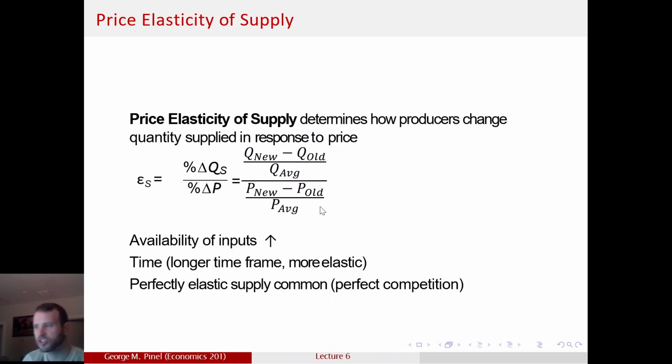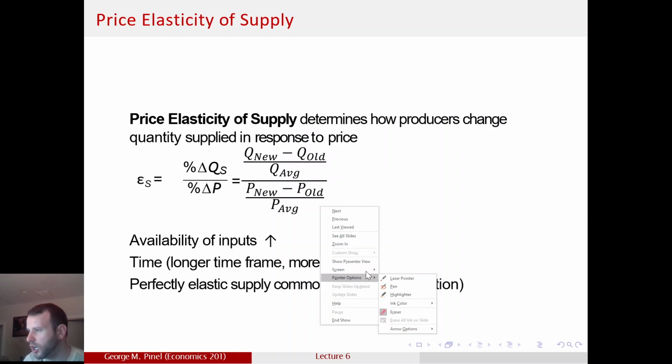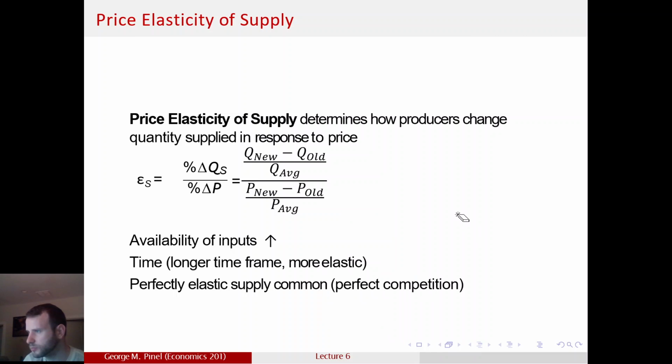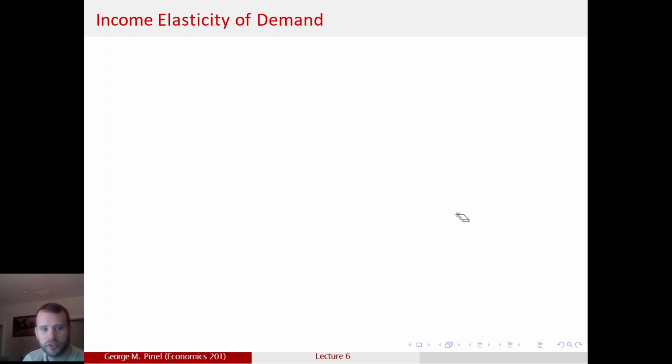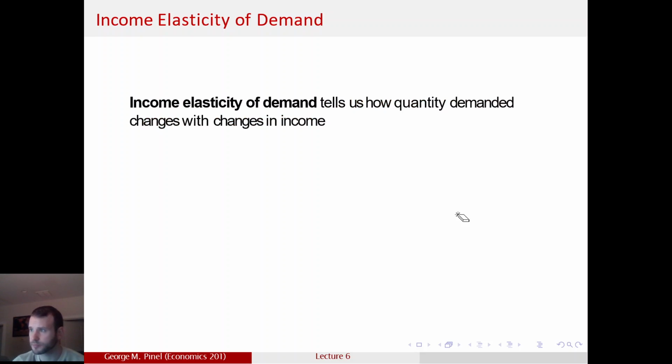All right. I'm going to just continue rolling and move on to the next slide because I think it's the last one. The next and final one is income elasticity of demand, which again is given away by its title. It's how income changes, this time not price changes, affect the quantity demanded.